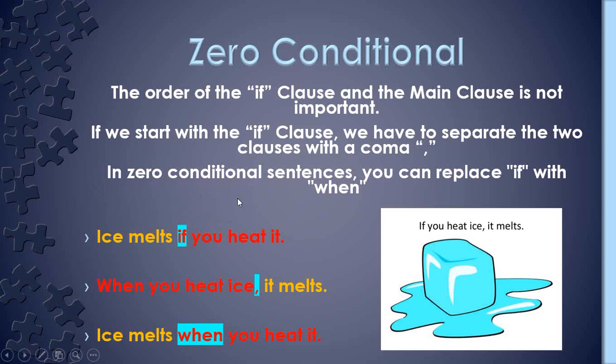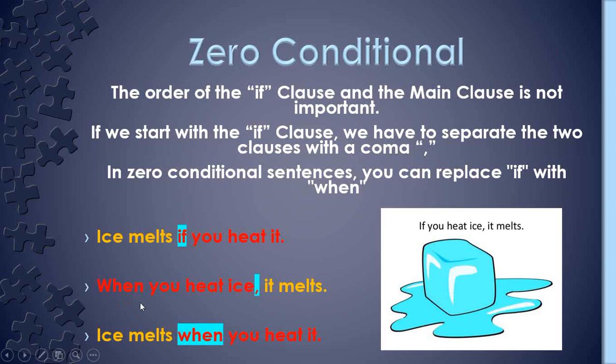In zero conditional sentences, you can replace if with when. It doesn't matter if you use if or when. The meaning is the same. Here for example, ice melts if you heat it. Look, here we used the main clause first and the if clause in second place. That's why we don't have to use a comma here.